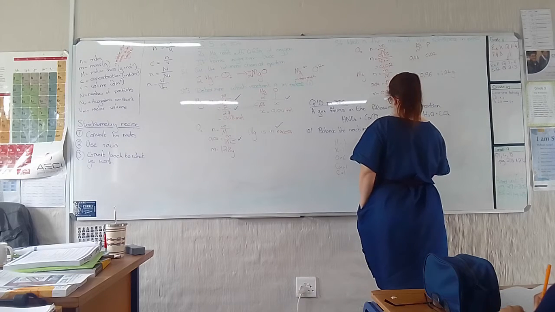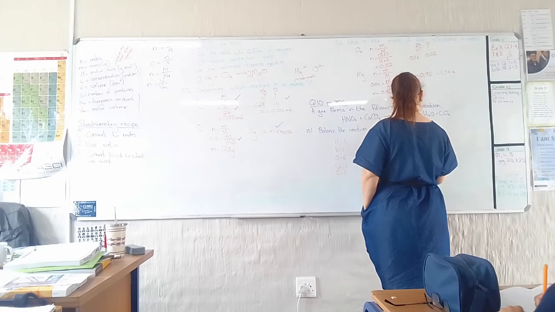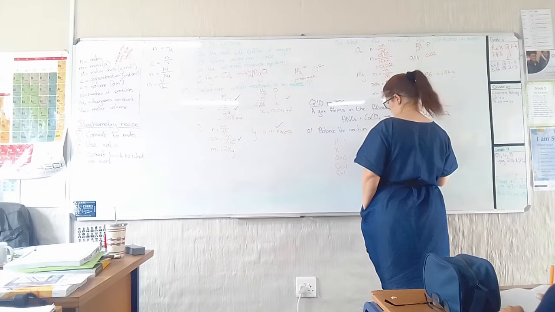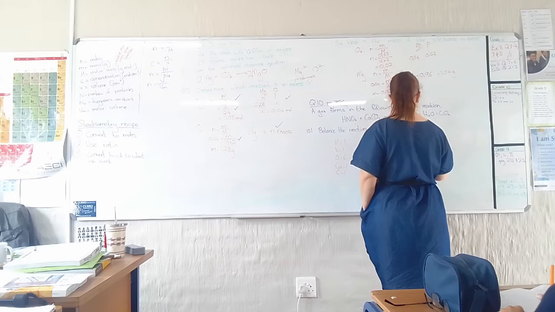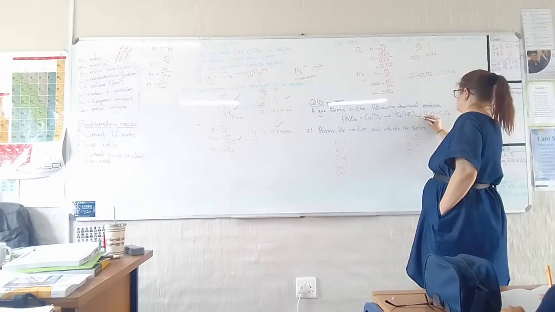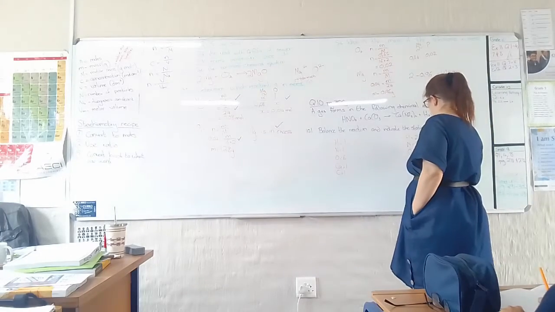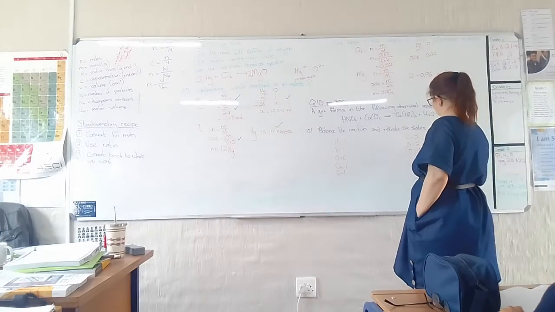Let's write them in the same order. The way I calculate my oxygens is I say 3 times 2 gives me 6, 7, 8, 9. 9 oxygens.